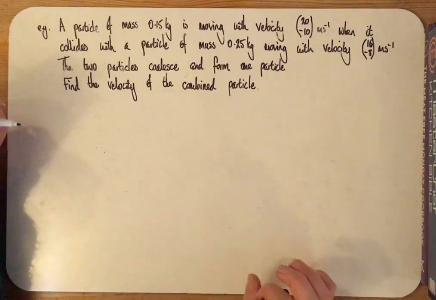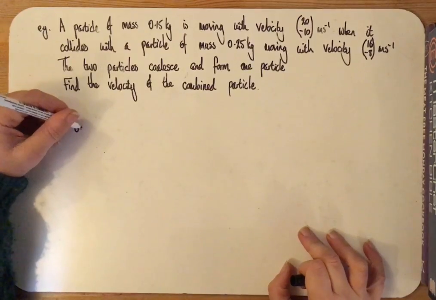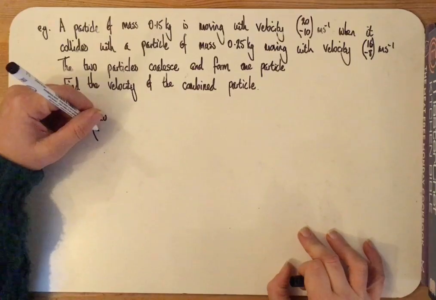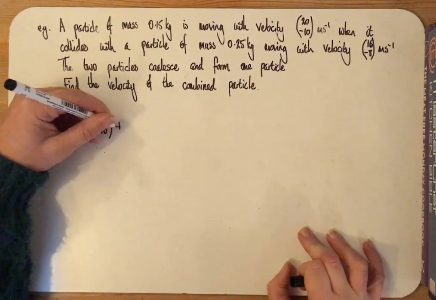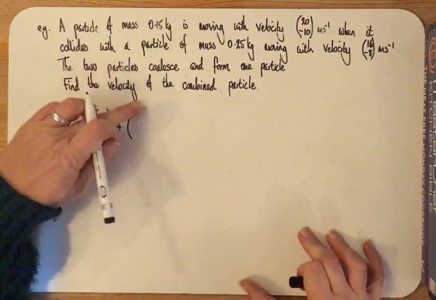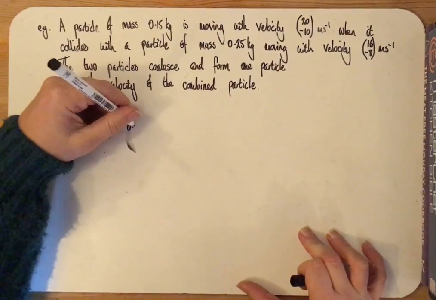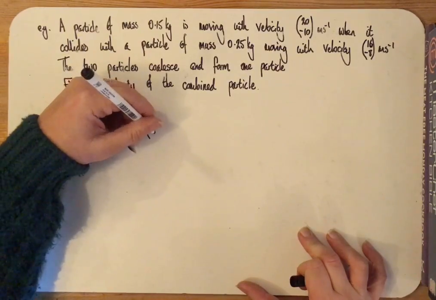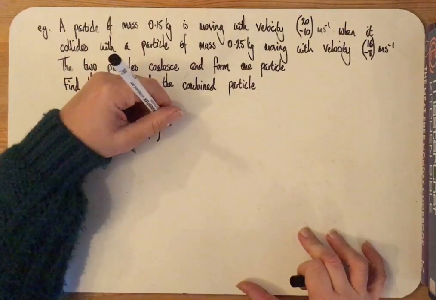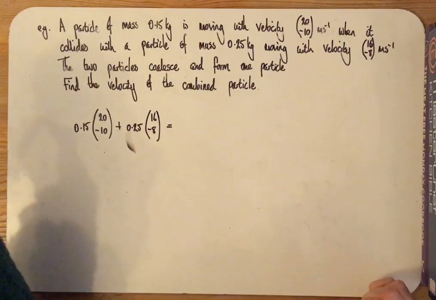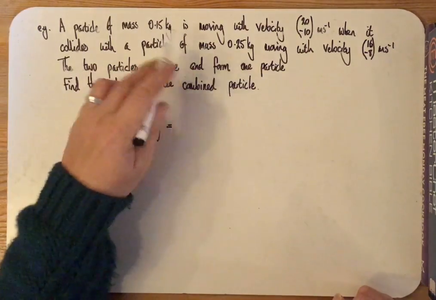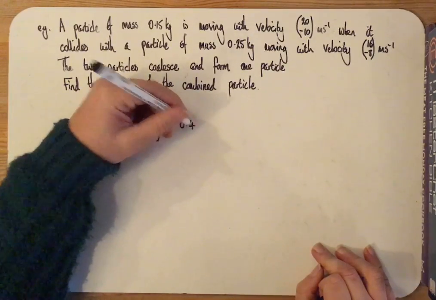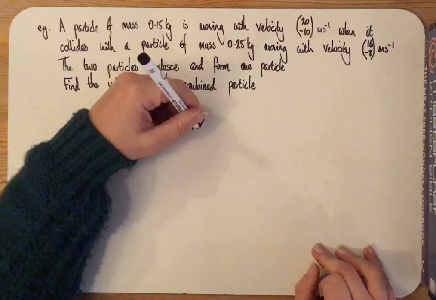So momentum before, sorry, I've got my 0.25, equals momentum afterwards. If they coalesce, the combined mass is going to be 0.4. And then we're looking for this velocity.